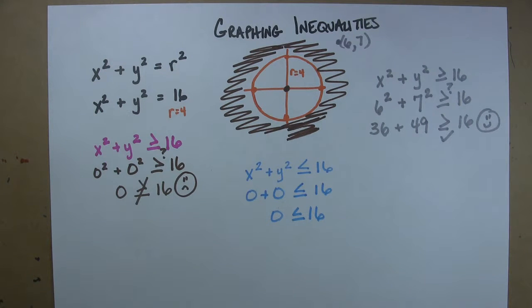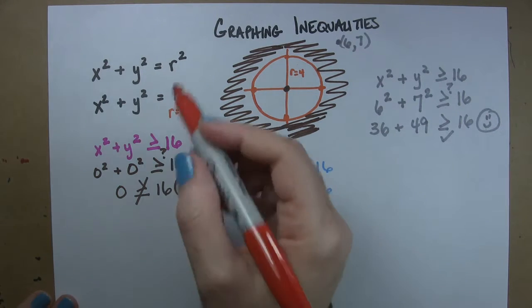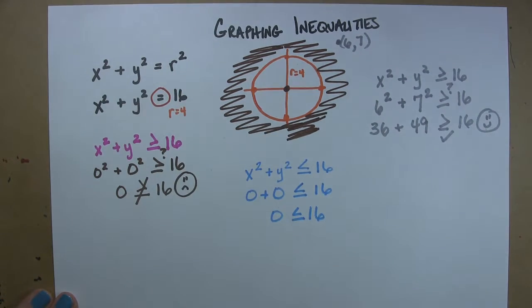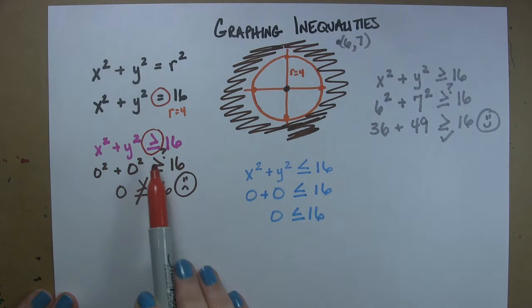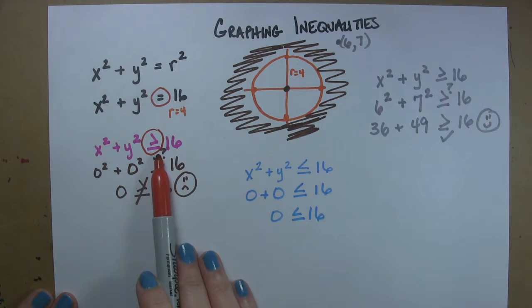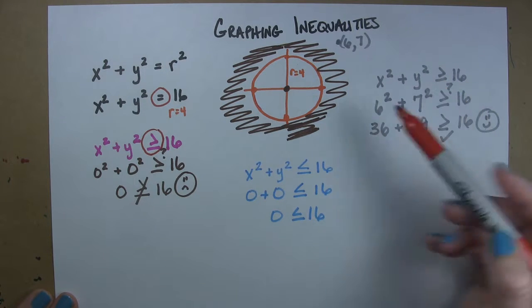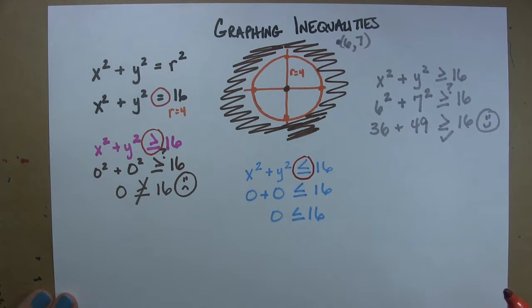Now, there is another special case that I want to show you. So we talked about this case, which is if you have an equal sign. We talked about this case, which is how we pick a point and we determine if the equation is true. We talked about how we would do it if it were a less than or equal to, okay?